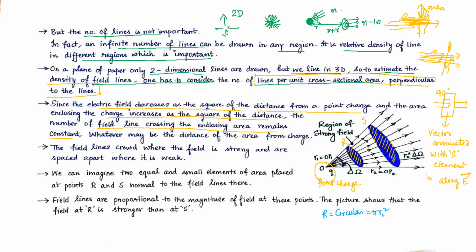Now at S, this is also circular in nature, and similarly we can define the area for that, and it will be pi r2 square, as r1 is at a distance of r and r2 is at a distance of r plus some other value, maybe some y, so farther, and these are dependent upon the inverse square law.